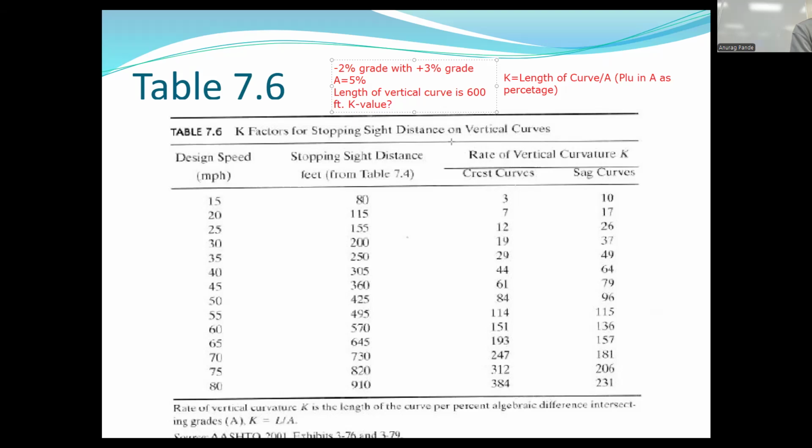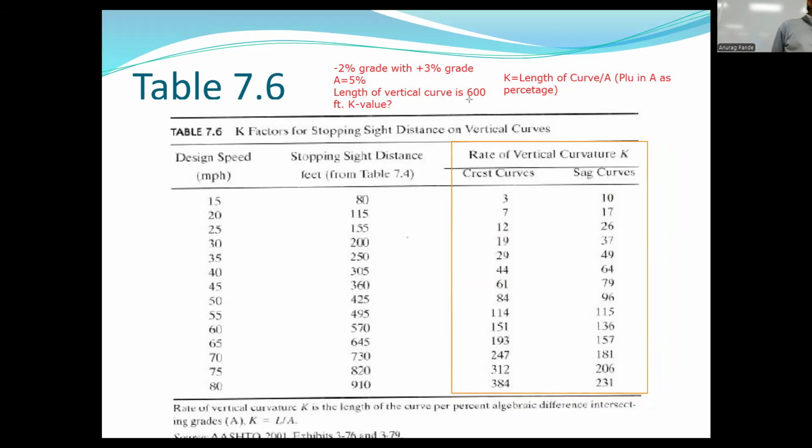If you look at these parts of the table, it gives you the K value that you need for any design speed for any type of curve. And then if you know the change of the grade that you're looking for, you can easily estimate the length of the curve. So in this example, I showed you the K value is 120, right?